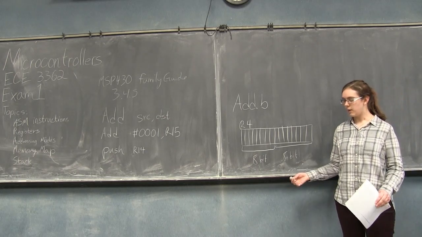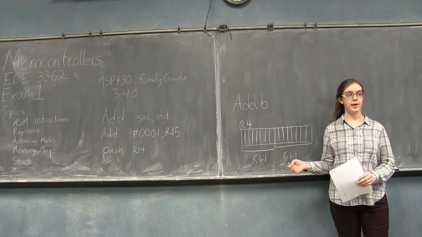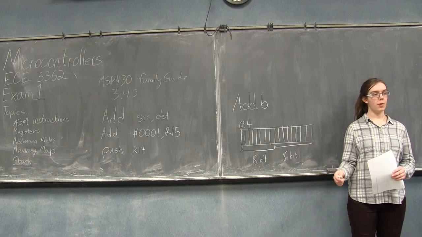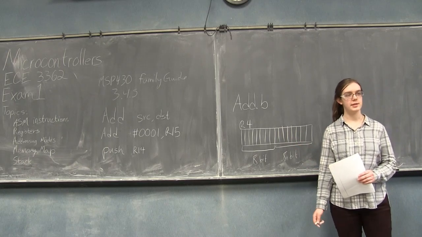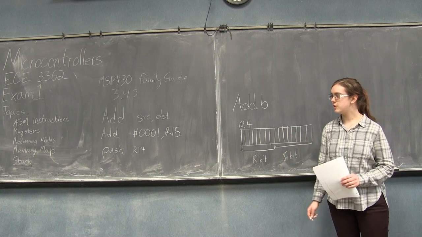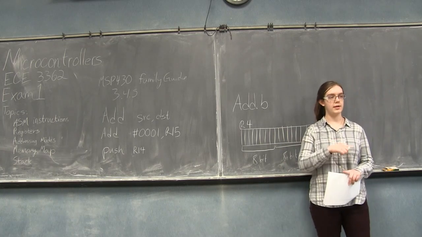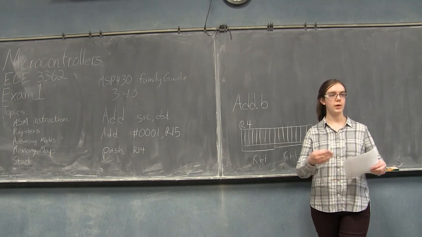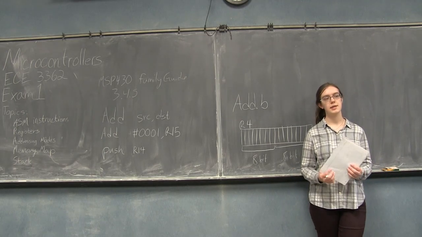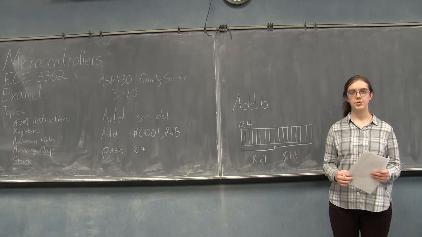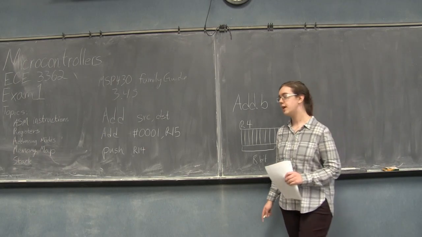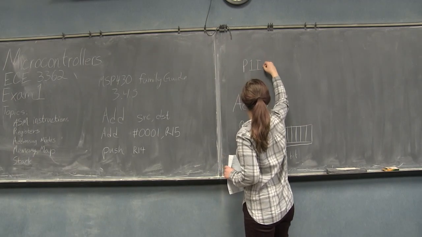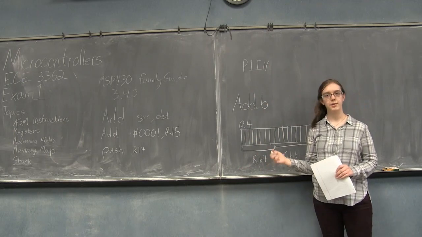And most of the, well, actually all of the registers are either going to be 16 bits, or word length registers, or 8 bits, byte length registers. All the general purpose registers, the ones that list from R4 down to R15, those are all registers that you can use to store variables and work with, and those are all 16 bits. But there are some registers that control specific parts of the MSP430, like the port 1 input register.